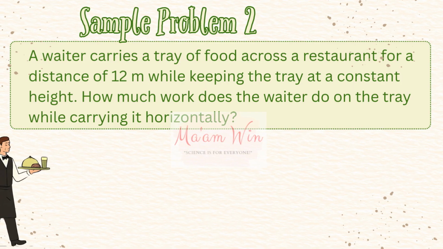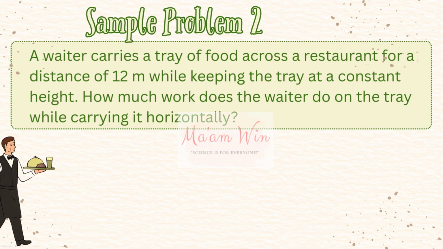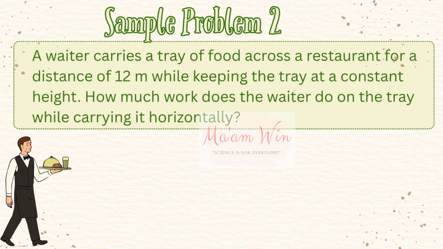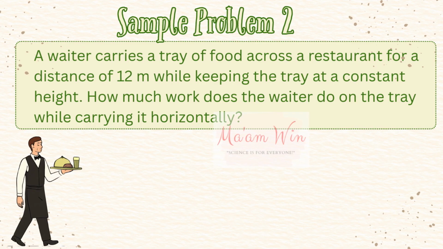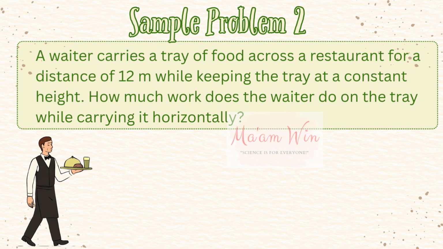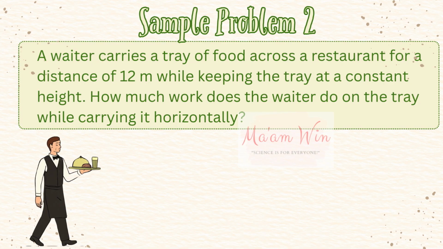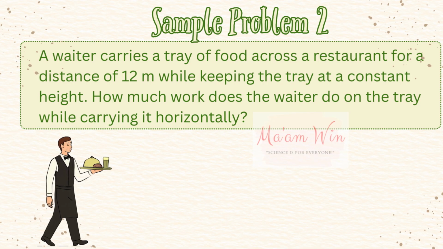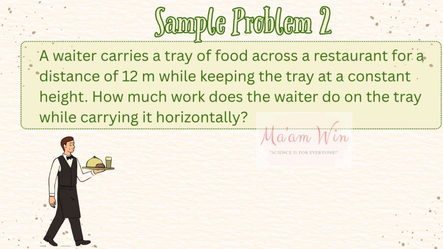Let's apply what we have learned to a real-life situation. At first, many people would answer that the waiter is doing work because carrying the tray requires effort. However, in physics, we need to use the scientific definition of work.